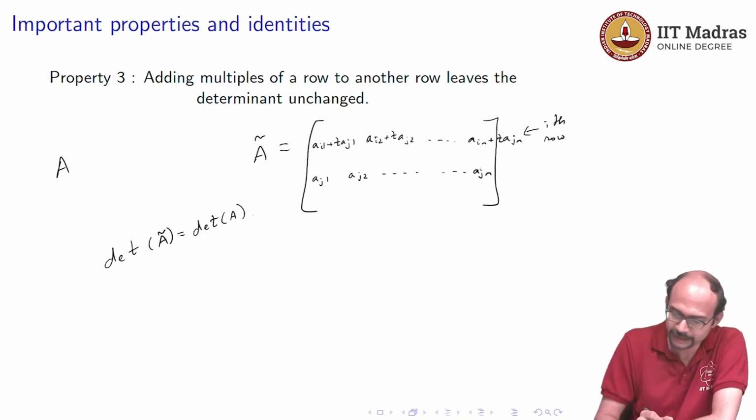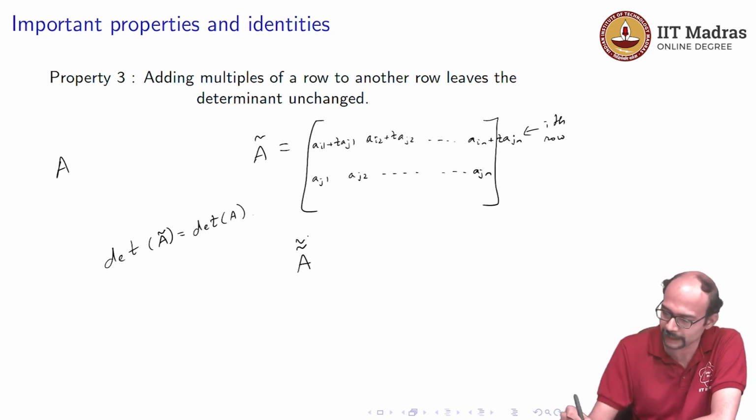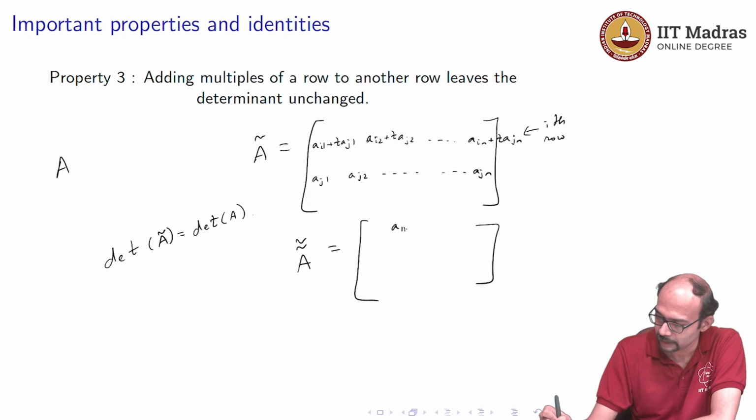So one can do this also for columns. So for columns, let's say if I want to add t times the lth column to the kth column, then we'll get a1k plus t times a1l, a2k plus t times a2l, and so on, ank plus t times anl.